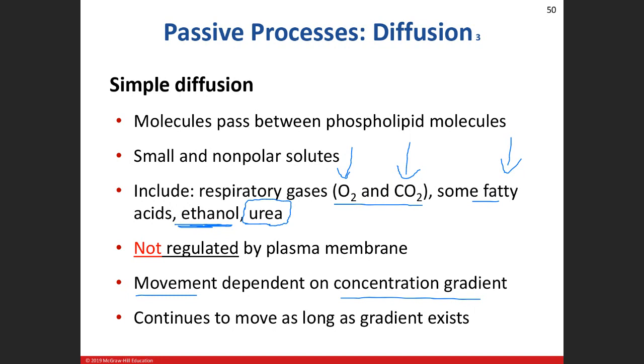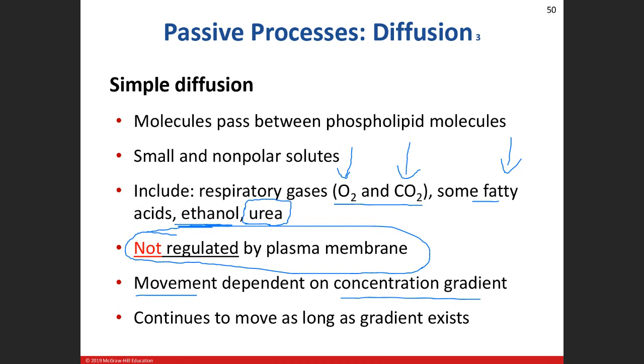So simple diffusion, important concept, is not regulated by the plasma membrane. You can almost assume that the plasma membrane has no influence on simple diffusion because these substances are so small and nonpolar, they just go right through. It's like me walking through that wall, if I could.